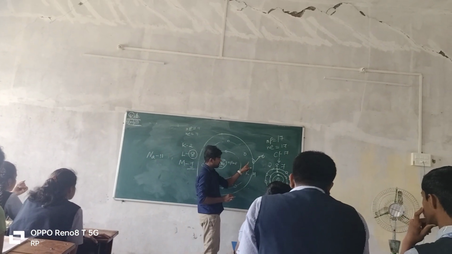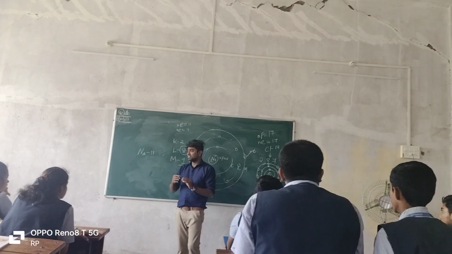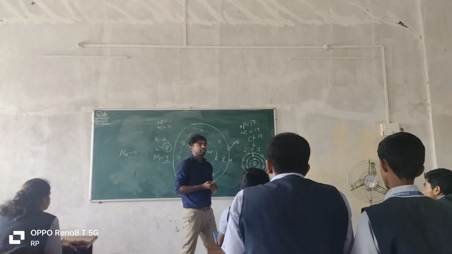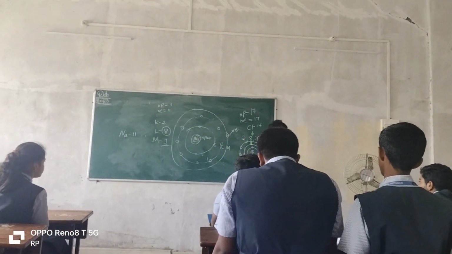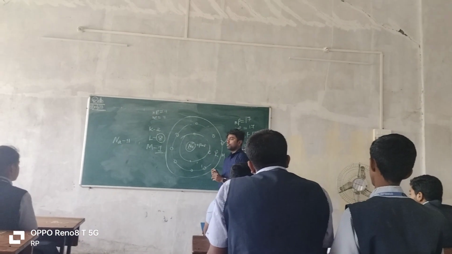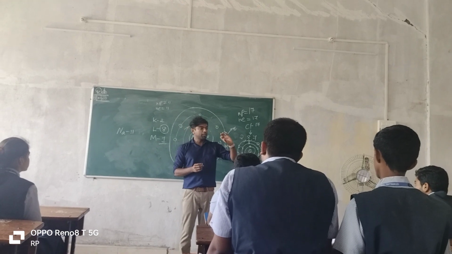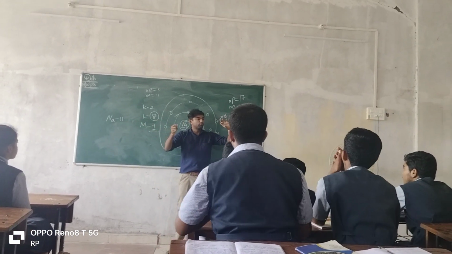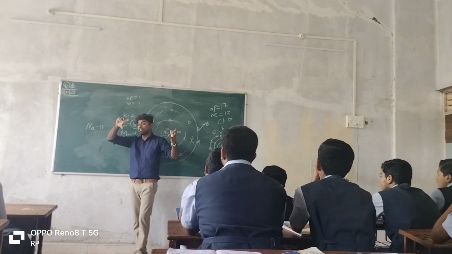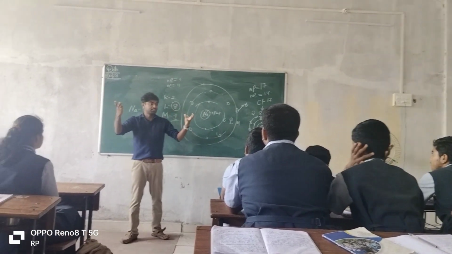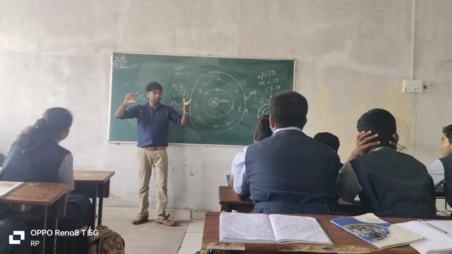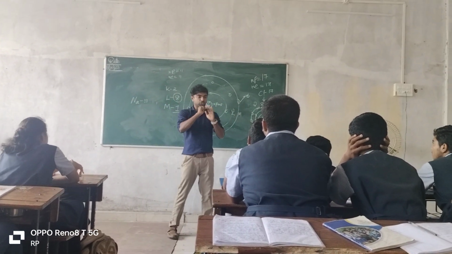You have to understand one thing. From the beginning itself I tell you, an atom is having an equal number of protons and electrons. For example, if 5 protons are there, then 5 electrons are there. 5 protons is 5 positive charges, 5 electrons is 5 negative charges. So 5 positive plus 5 negative is equal to 0.